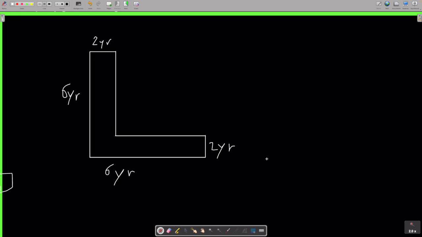Let's try this second one. It's the letter L, basically. So let's first do all the missing sides.